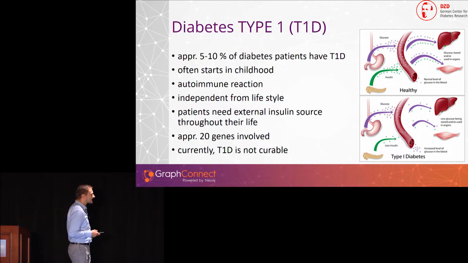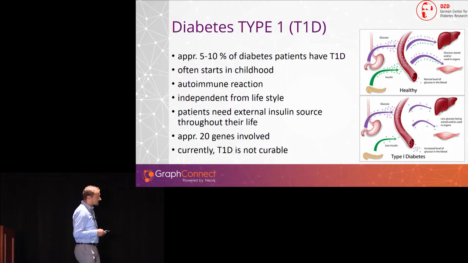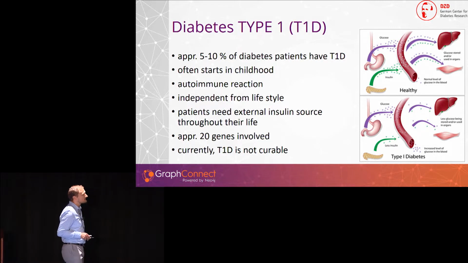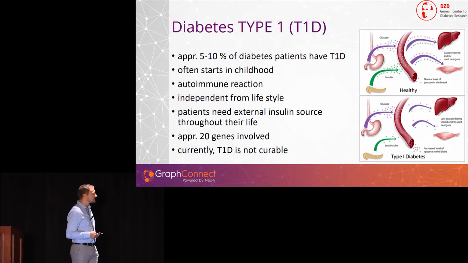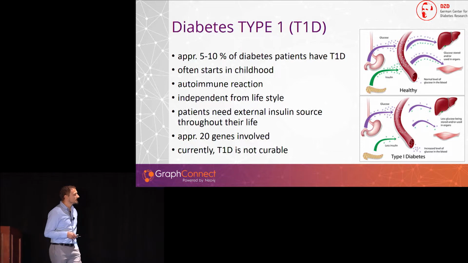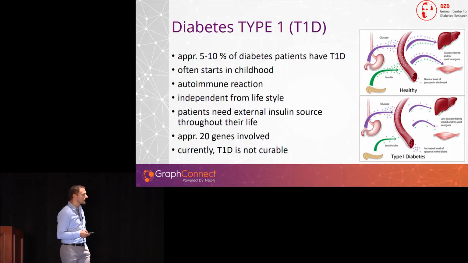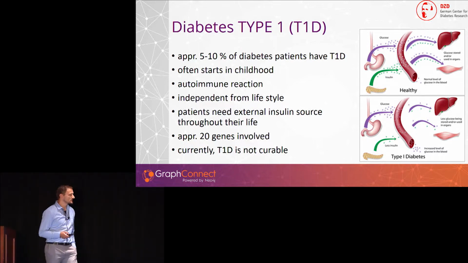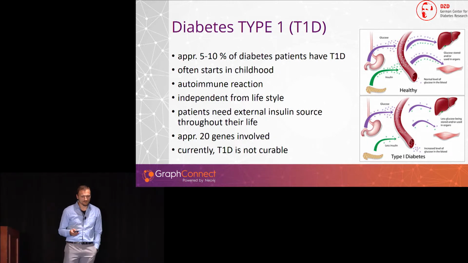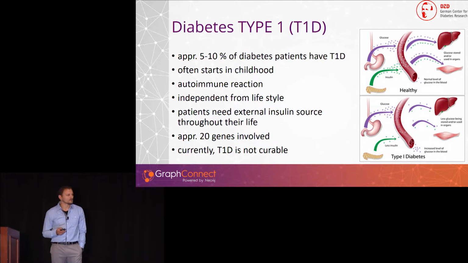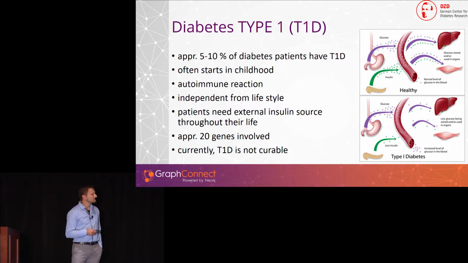In type 1 diabetes, which is roughly 5% of the patients, these insulin-producing cells get destroyed by your own immune system. This is independent from any lifestyle, and it's a gene defect. People are dependent on an external insulin source throughout their lives. Roughly 20 genes are involved in this process. And yeah, it's not curable.